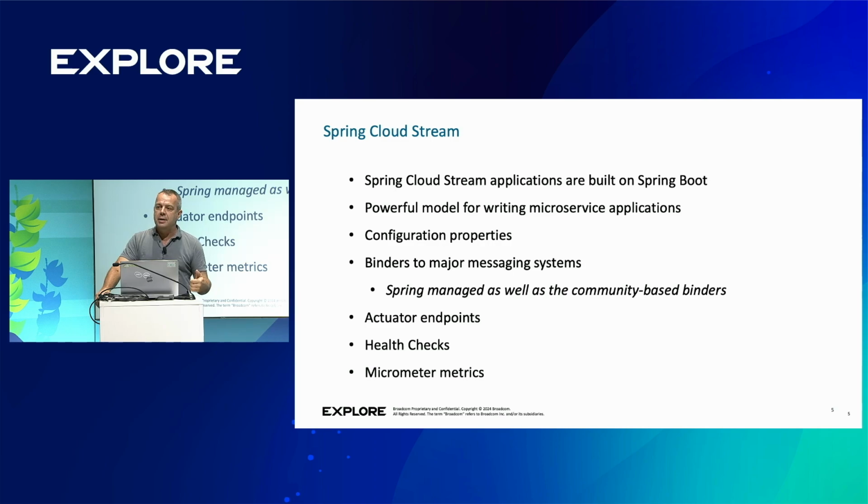Some of the binders are managed by us, some are managed by the community, so there is a fairly large following. For example, anybody using Solace? No? They built their entire product on top of Spring Cloud Stream, the Solace messaging binder. Then actuator endpoints, which are the way to access your internal information about your streams and bindings, health checks, and Micrometer. These are just a few of the major architectural features that Spring Cloud Stream provides.